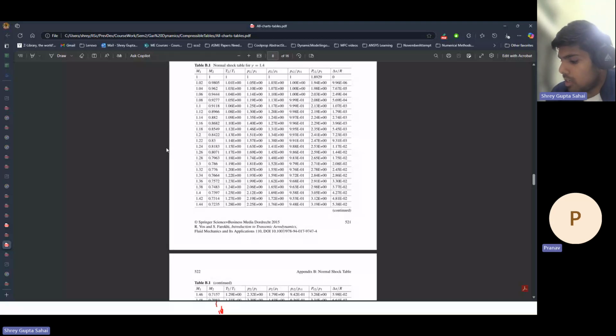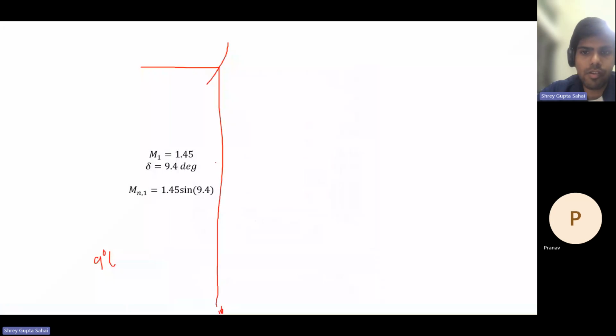So MN2 is 0.81. Now you divide it by sine of 60 minus 9.4. 0.81 divided by sine of 60 minus 9.4 is how much?